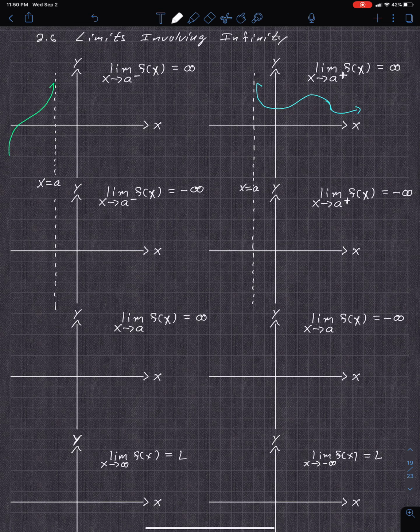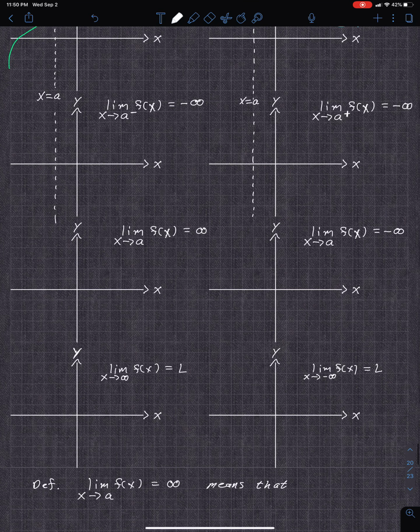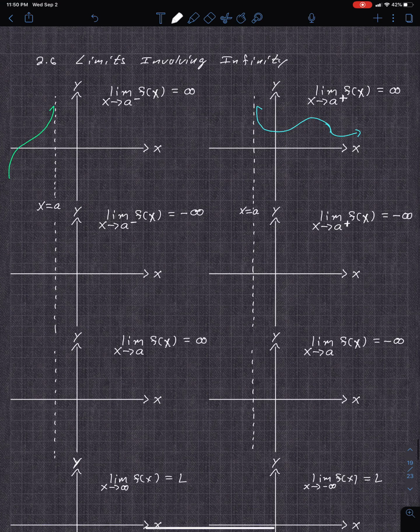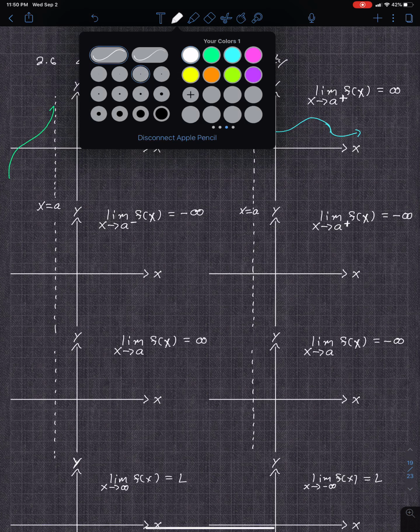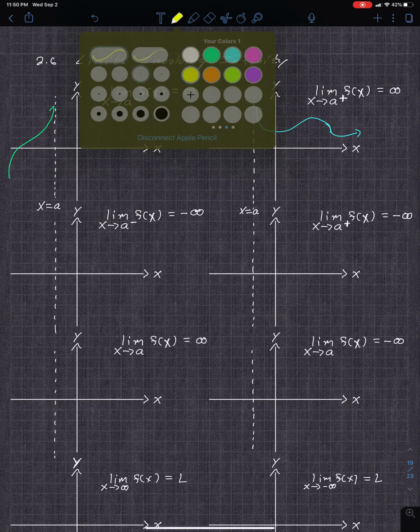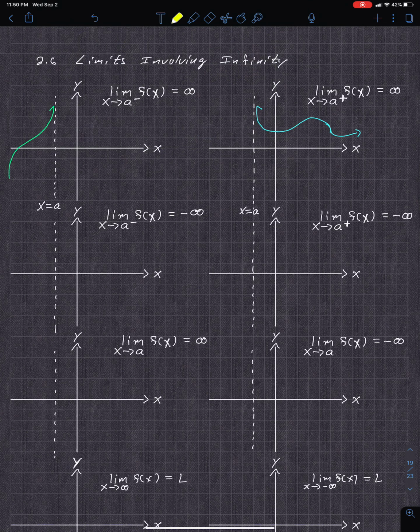These next 2 cases, you're going to negative infinity. And then this one, left and right going to positive infinity. And this one, left and right going to negative infinity. So you're approaching a, so it's still x equals a, and you're going to then go down like that.